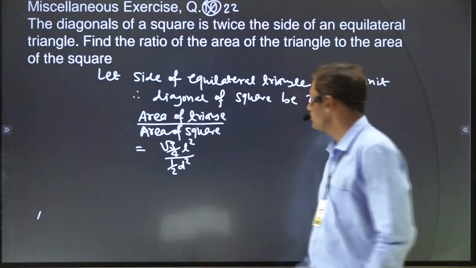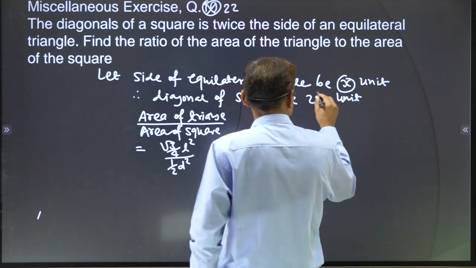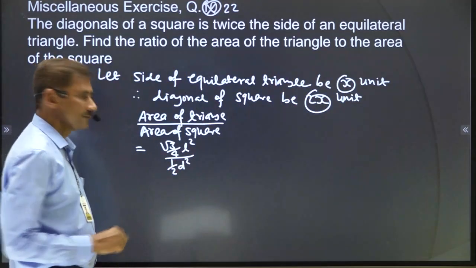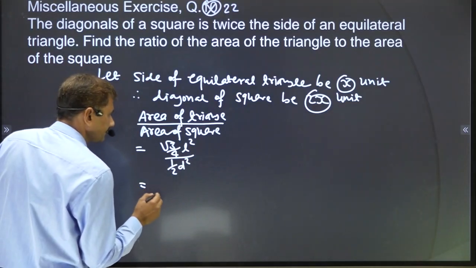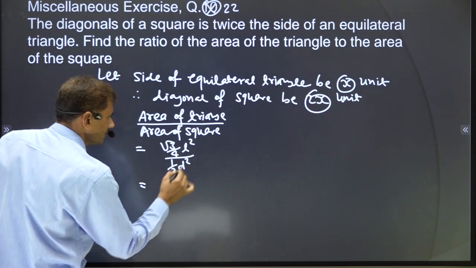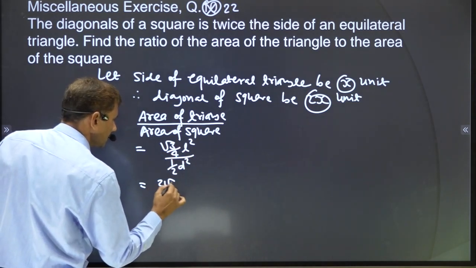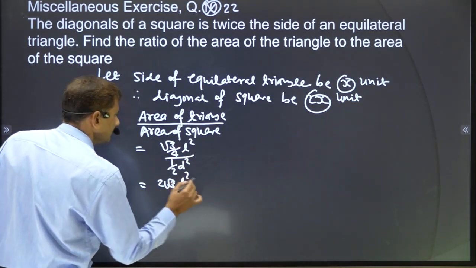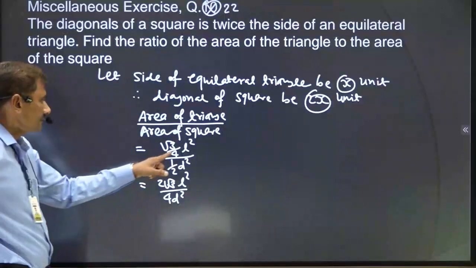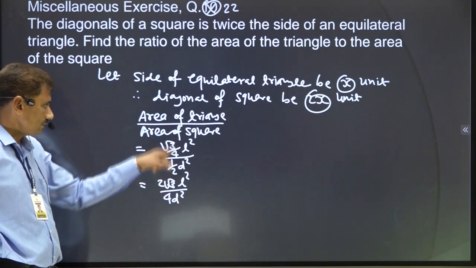Okay. Now according to our supposition, write down here x and here 2x. Okay, so first of all I write it systematically. 2 will go there. So 2 root 3 L square upon 4D square. Okay, just the denominator taken here and 2 gone there.